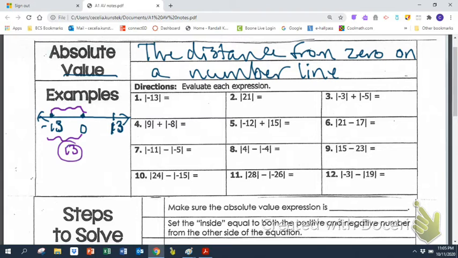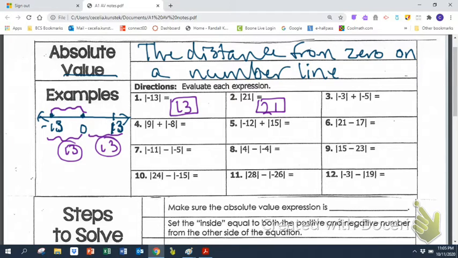Just as it is from here, the distance from 13 to 0 is 13. You're going 13 in either direction. So the absolute value of negative 13 is just 13. For number 2, pretty simple. The absolute value of 21 is 21.